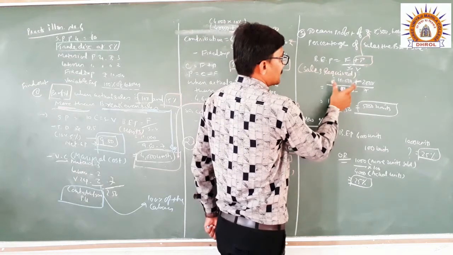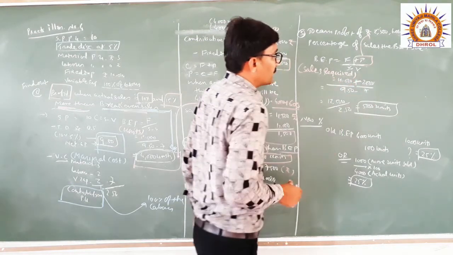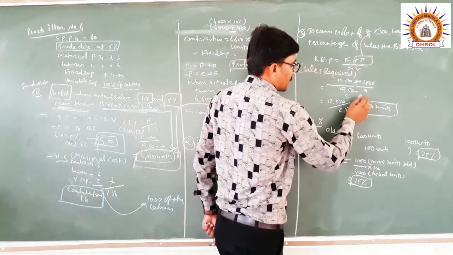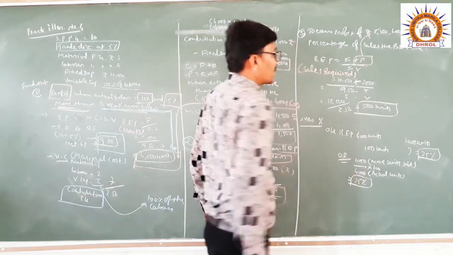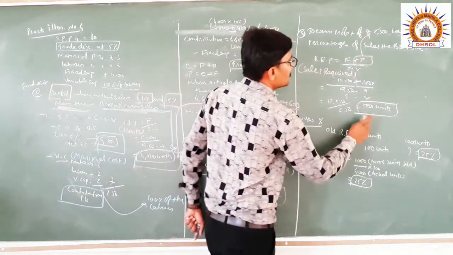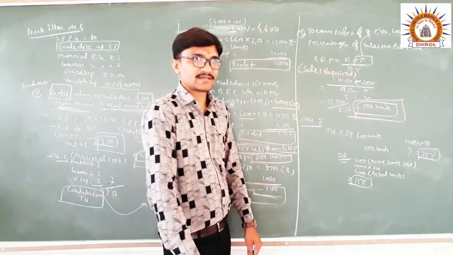So the next step is likewise that 10,000 plus 2,500 divided by 9.50 minus 7, here the variable cost is ₹7 per unit, right? So 5,000 units you get, right?